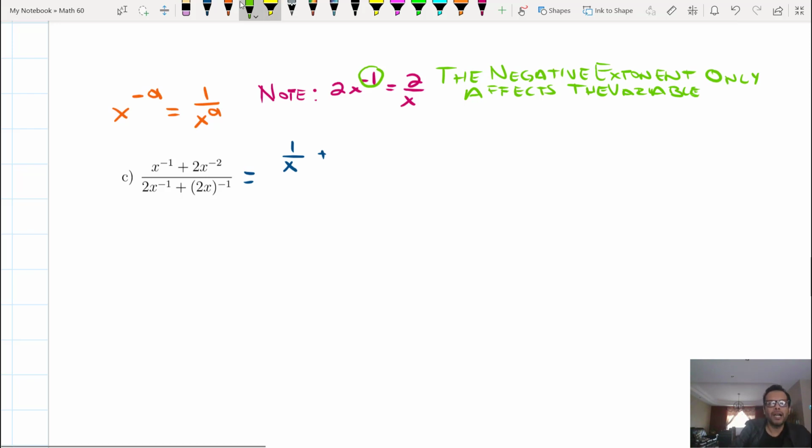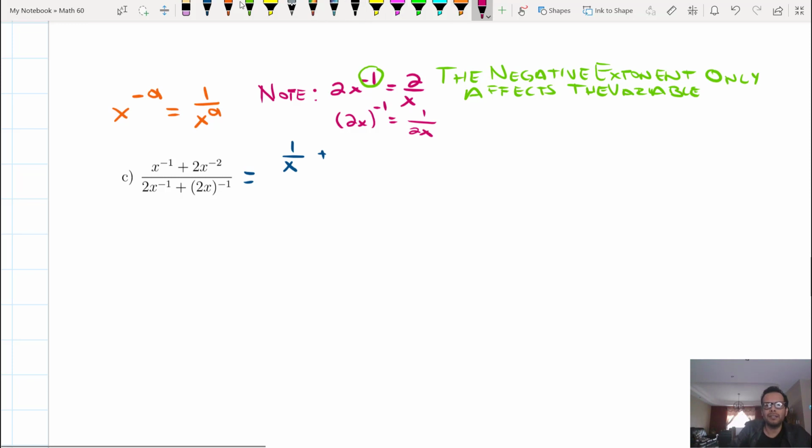Whilst on the second case, 2x, the whole thing to the negative 1. Notice in this case, it is the entire quantity 2x inside of the parentheses. So this will be 1 divided by 2x.